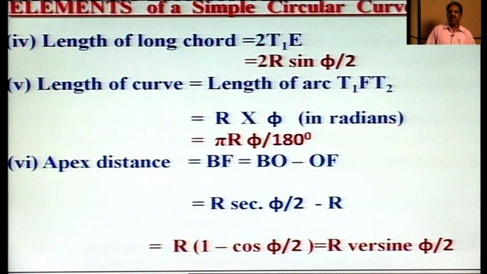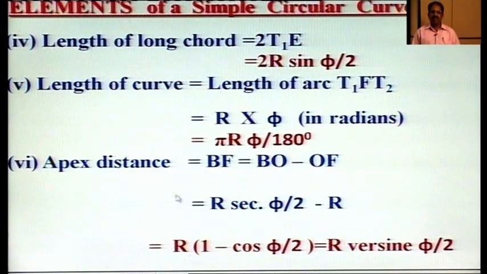Similarly, the length of the long chord is equal to 2 times T1 E, or trigonometrically 2 R sin phi by 2, where R is the radius of the curve.